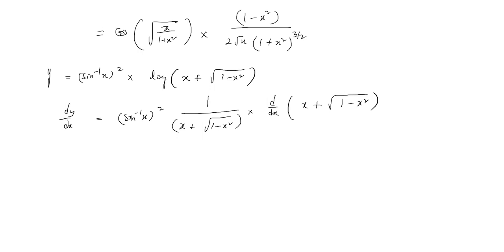Okay, now plus, and now we'll keep the log of (x plus square root of 1 minus x square), right, multiplied, this will be 2 sine inverse x, right, multiplied d by dx of sine inverse x, right.